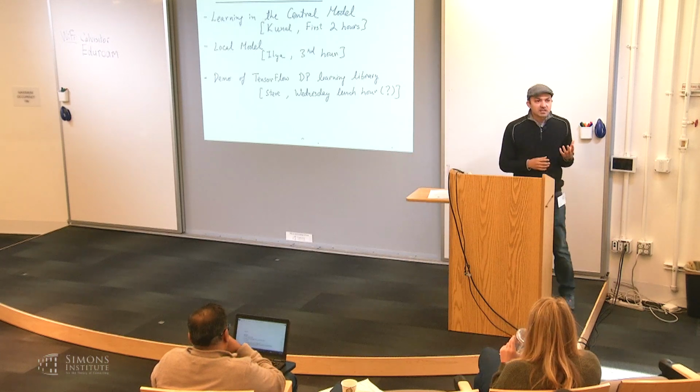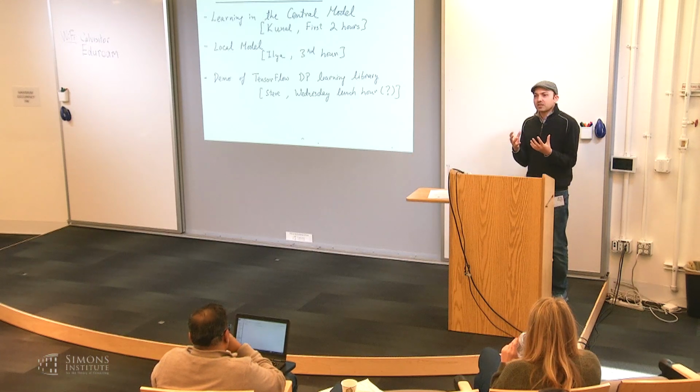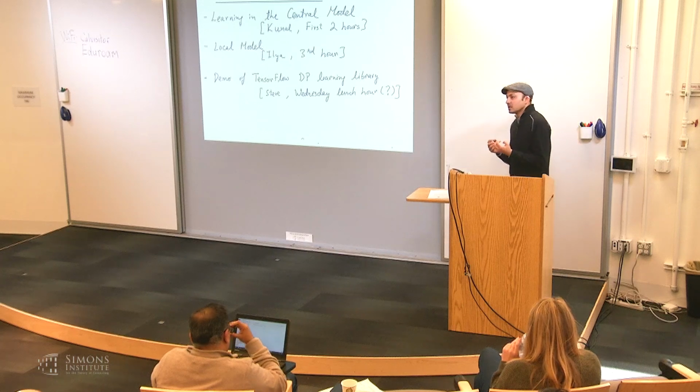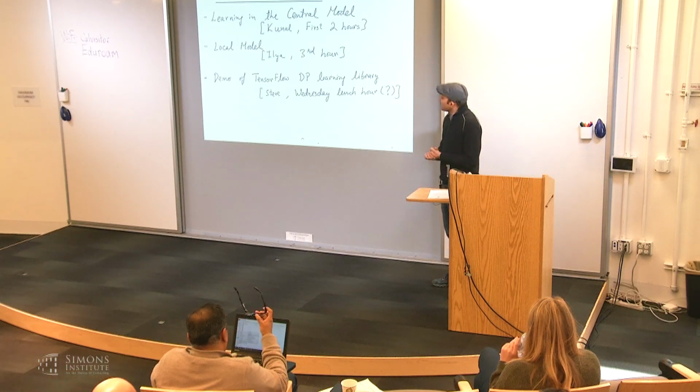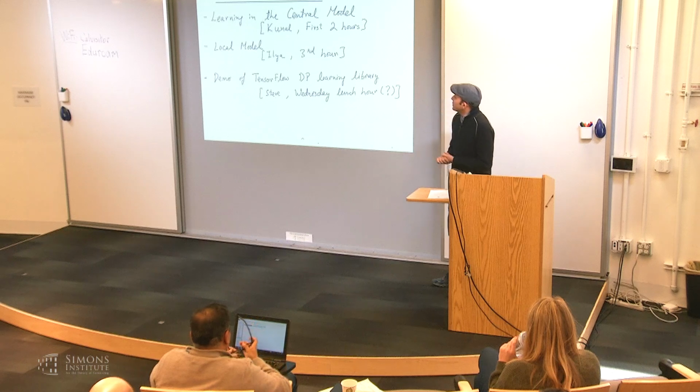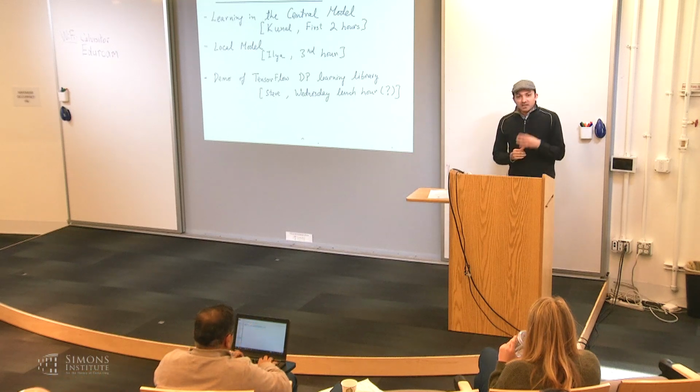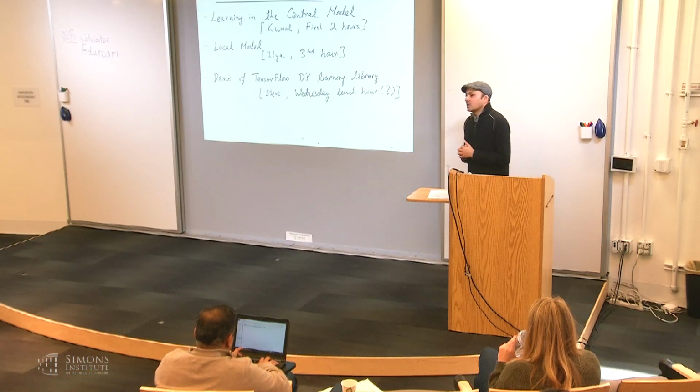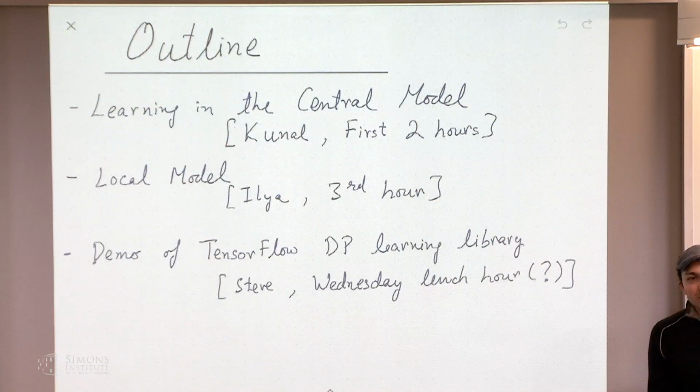So for the first 2 hours, I'll talk about differentially private learning in the central model, where you have a trusted curator who collects the data set and does learning on top of that. In the third hour, Ilya will talk about learning in the local model, where we do not assume a trusted curator.